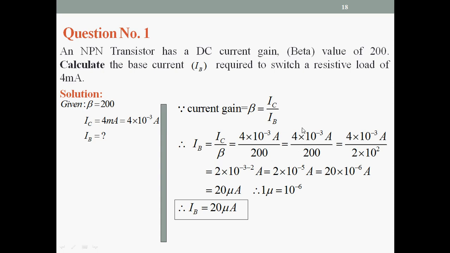After solving for this, we have IB is equal to 2 into 10 raised to minus 5 ampere, or it is 20 into 10 raised to minus 6. As we know that 1 micro is equal to 10 raised to minus 6, so this current IB is equal to 20 microampere.